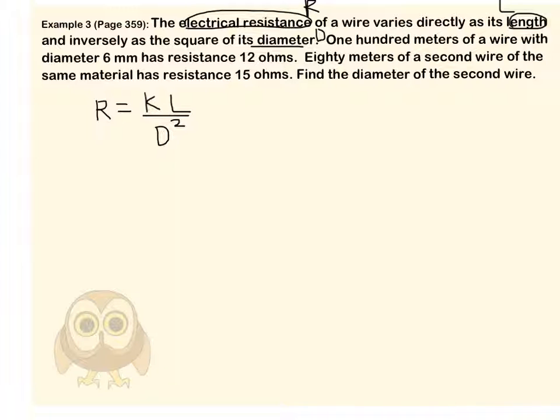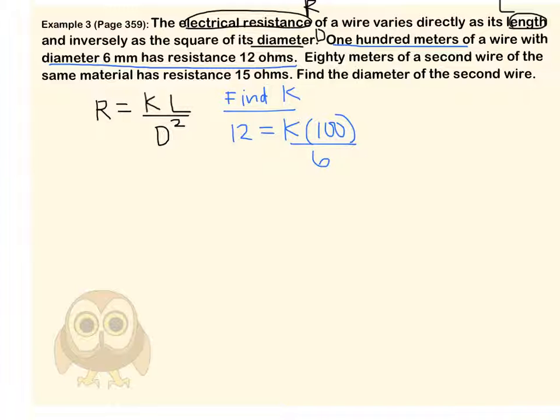Now let's use the next sentence to find our k. That's always step 2, find k. So we have 100 meters of wire with a diameter of 6 has resistance 12. So resistance 12, length 100, diameter 6. And 6 is being squared.